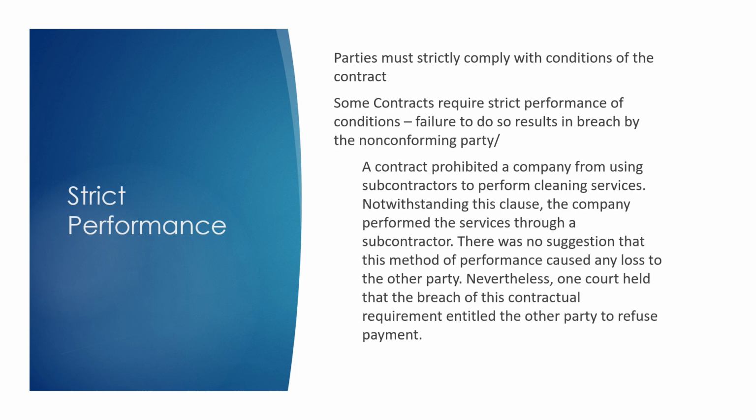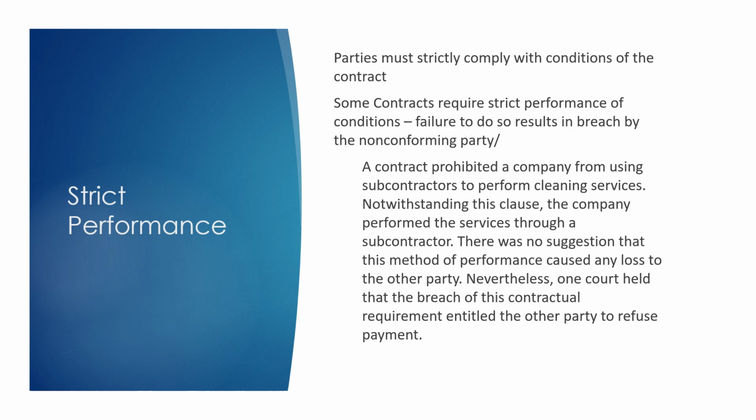Let's say a contract prohibited a company from using subcontractors to perform the cleaning services. Regardless of that clause, the company performed the services through a subcontractor. There was nothing that suggested that the performance was bad or that there was a loss to any party.